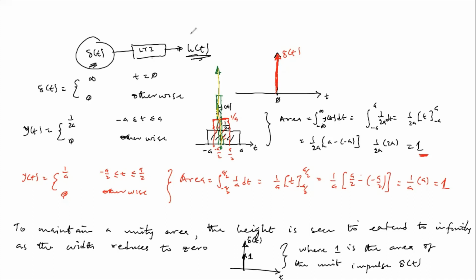So therefore, should the unit impulse response be scaled by some parameter k, then the area will be seen to be scaled as well.